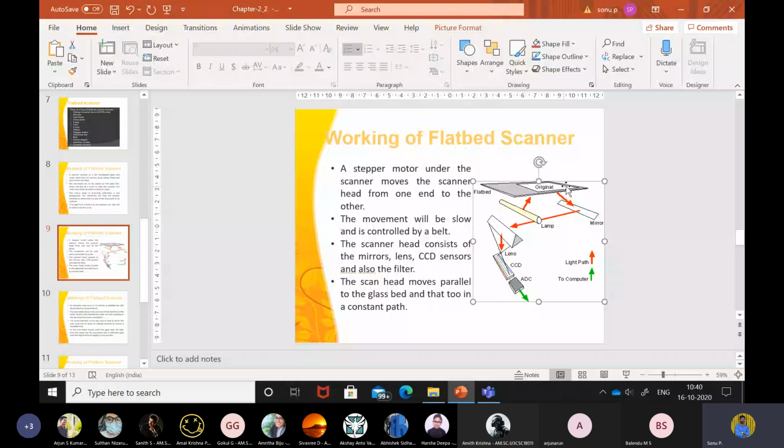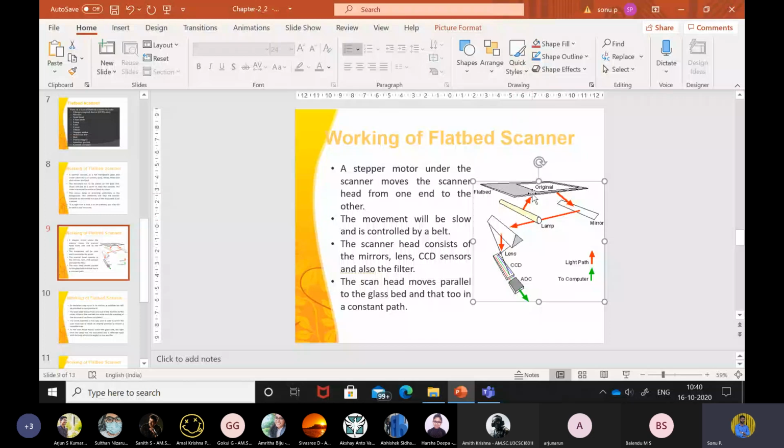There is a light source or lamp that is moving front and back. When it moves front, it will transfer a ray of light to the document from that area.